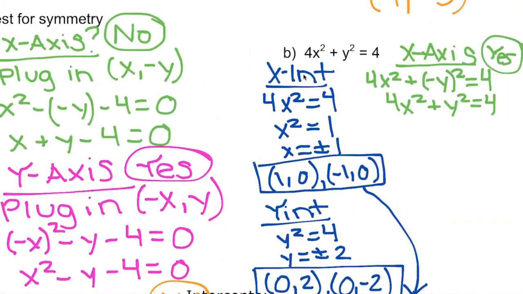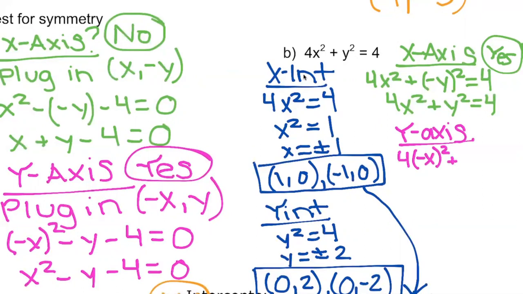Let's go ahead and check the y-axis. So the y-axis symmetry now. Now you're looking at plugging in negative x comma y. Since I'm plugging in negative x, it's negative, I'm going to use a parenthesis.